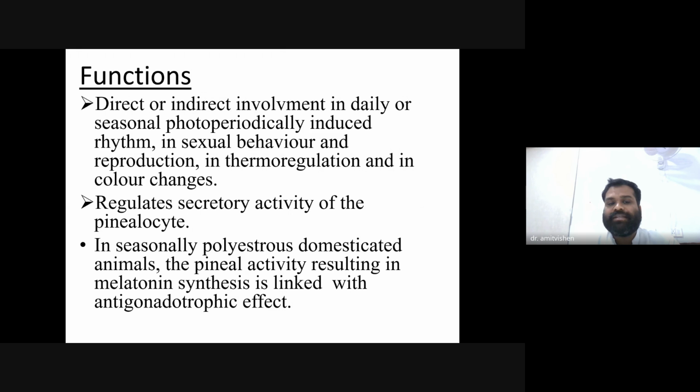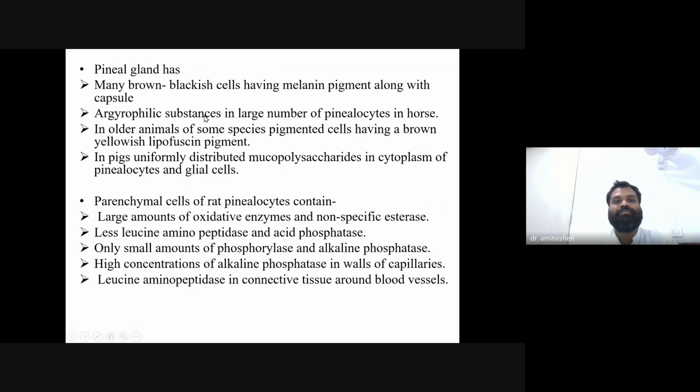In some seasonal polyestrous domesticated animals, the pineal activity is seasonal. The pineal gland has many dark blackish cells having melanin pigment. If I talk about the histology of the horse pineal gland, you will see a large number of argyrophilic substances inside the pinealocytes.